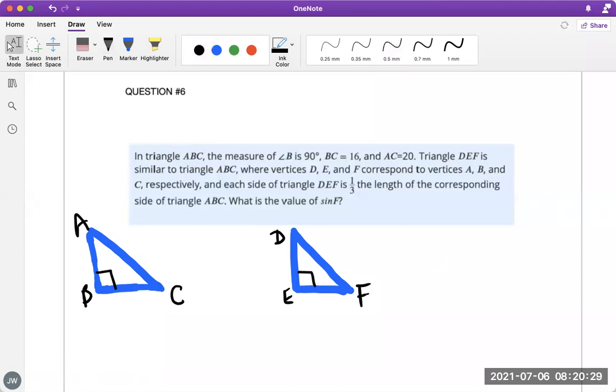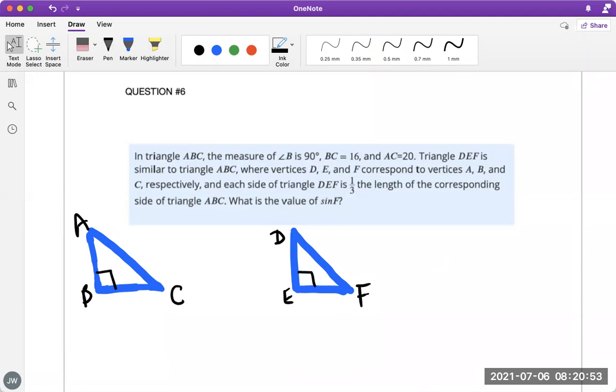We have triangle ABC. We know that B is at a right angle, so I have that there. We have our similar triangle DEF, which is also a right triangle, and it corresponds respectively. It's not drawn to scale, of course not, but when we're doing our math, you just want to jot it down so you can visually see how they correspond to one another. So triangle ABC is a right triangle.